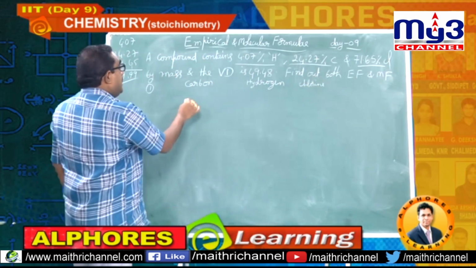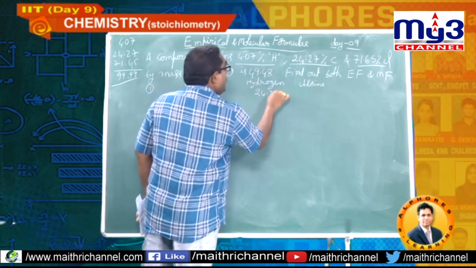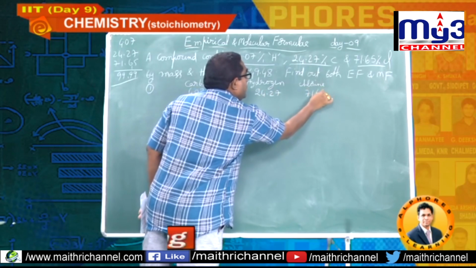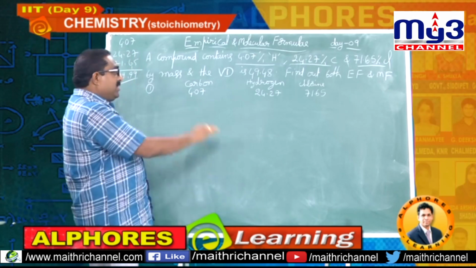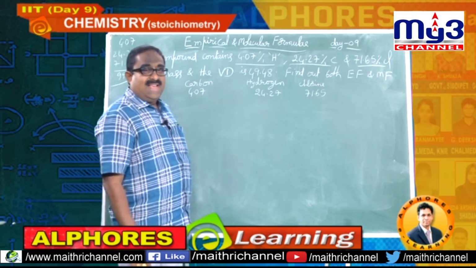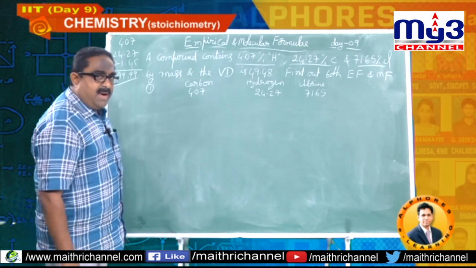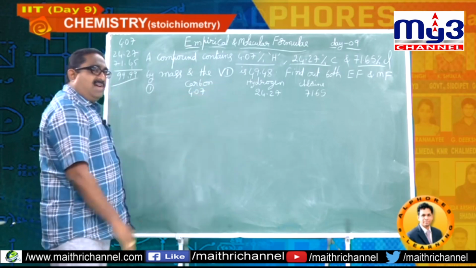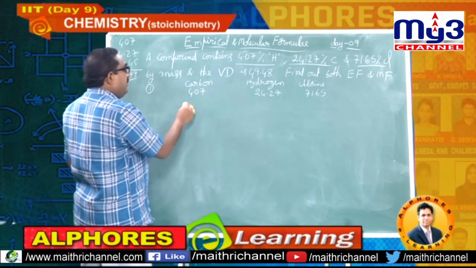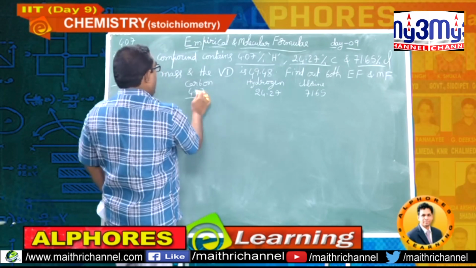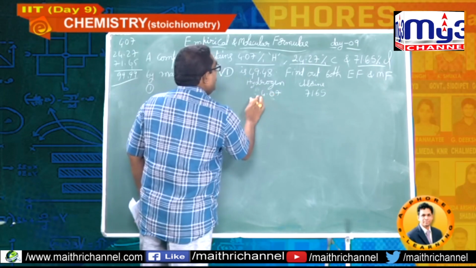And the percentages also I am going to write: 4.07, 24.27, 71.65. In the first step, I am going to divide these percentage compositions by the respective atomic weights. I am repeating the statement again: divide all the percentage compositions by the respective atomic weights of the elements. Carbon, sorry, I have written it wrong here, 24.27, this is 4.07.